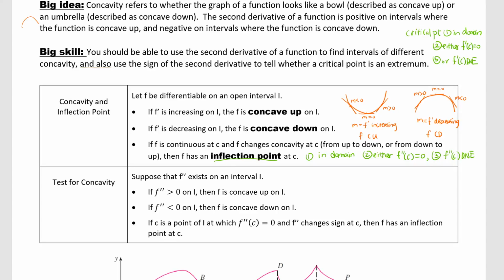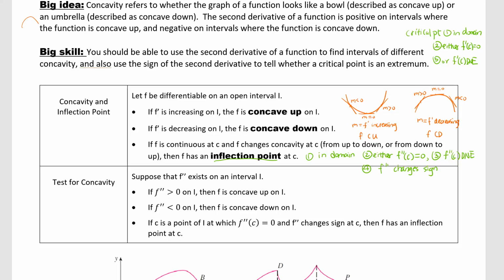But instead of the first derivative, we have the second derivative. Furthermore, as one more condition, it requires f double prime to change its sign, either from positive to negative or from negative to positive. Then we have inflection points.